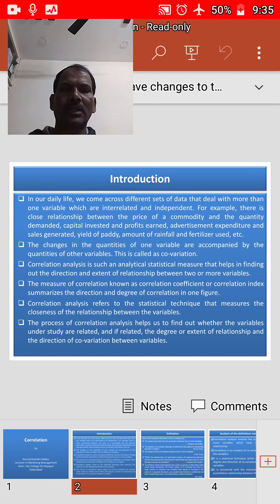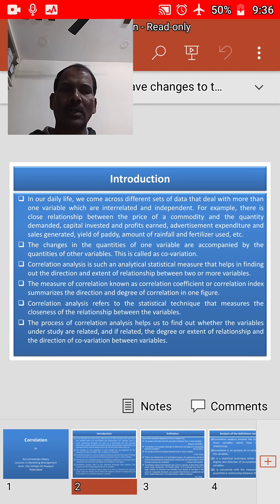Correlation analysis is such an analytical statistical measure that helps in finding out the direction and extent of relationship between two or more variables, right? The measure of correlation, known as correlation coefficient or correlation index, summarizes the direction and degree of correlation in one figure.